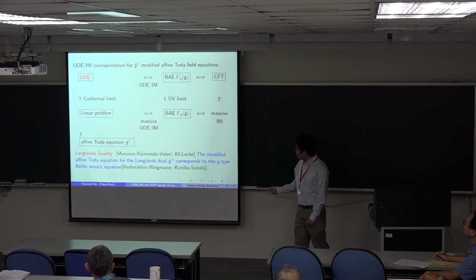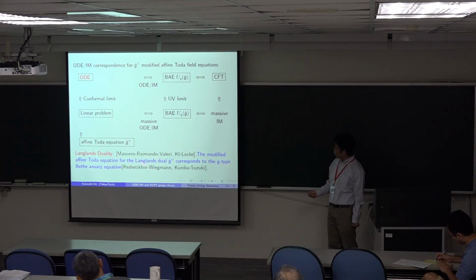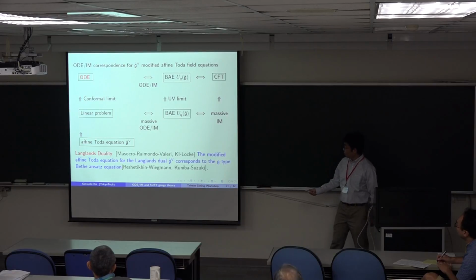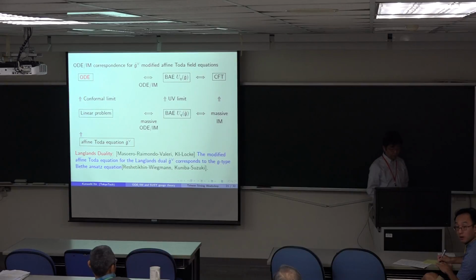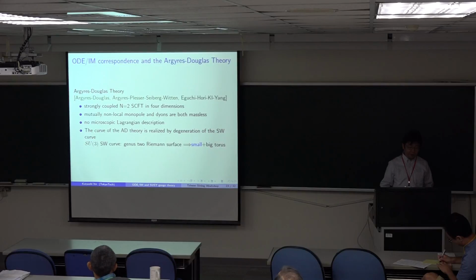This was done by Ito, Masoero, Raimondo, and Valeri. The modified affine equation for the Langlands dual corresponds to the G-type Bethe equation, which was classified by others. So this is some explicit ODE for some cases. But this is other things.